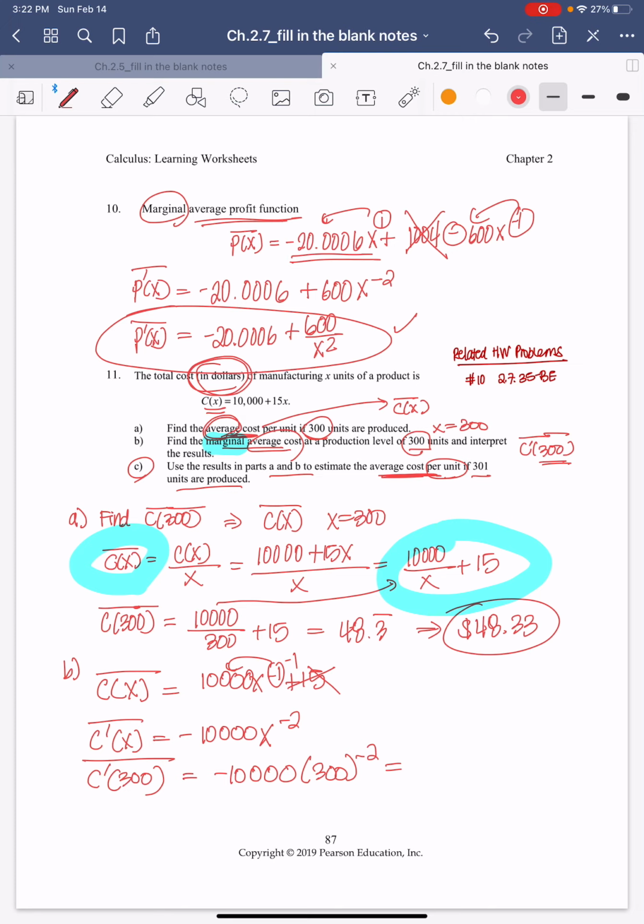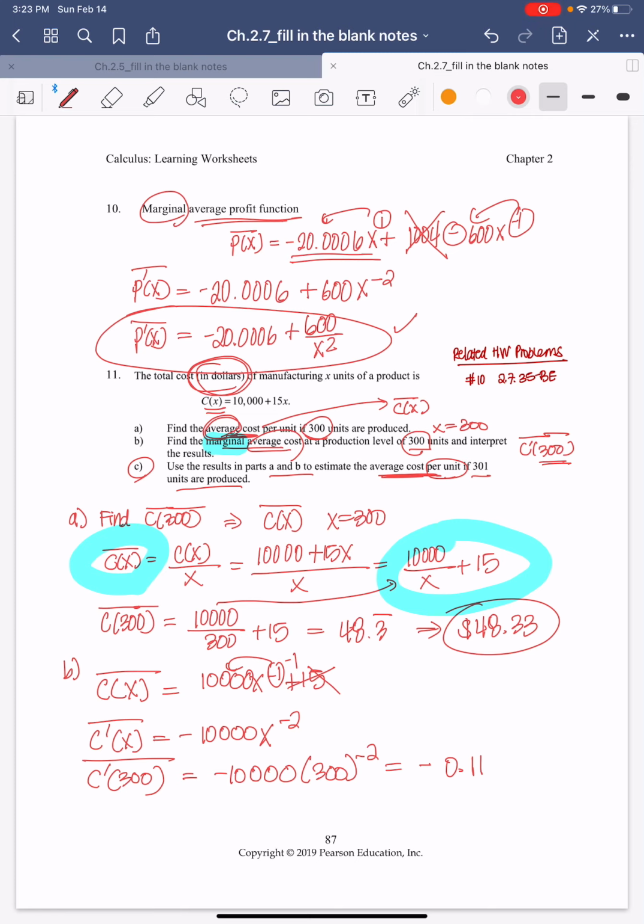I'm getting, again, it's money, so I'm going to round it to 2 decimal places, negative 0.11. Okay, so what does this mean? Negative means losing money.